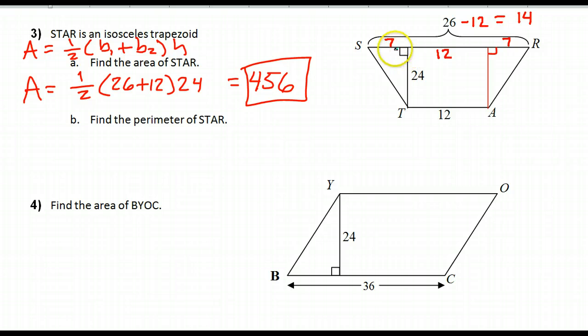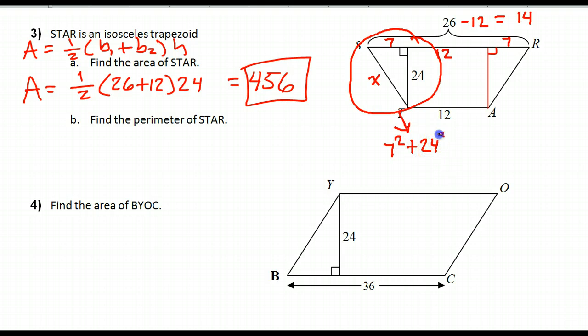So now that I know that this is 7, I can do the Pythagorean theorem to find the other side. I'm going to call it x for right now. Using this triangle right here, the Pythagorean theorem, a squared plus b squared equals c squared, becomes 7 squared plus 24 squared is 625.